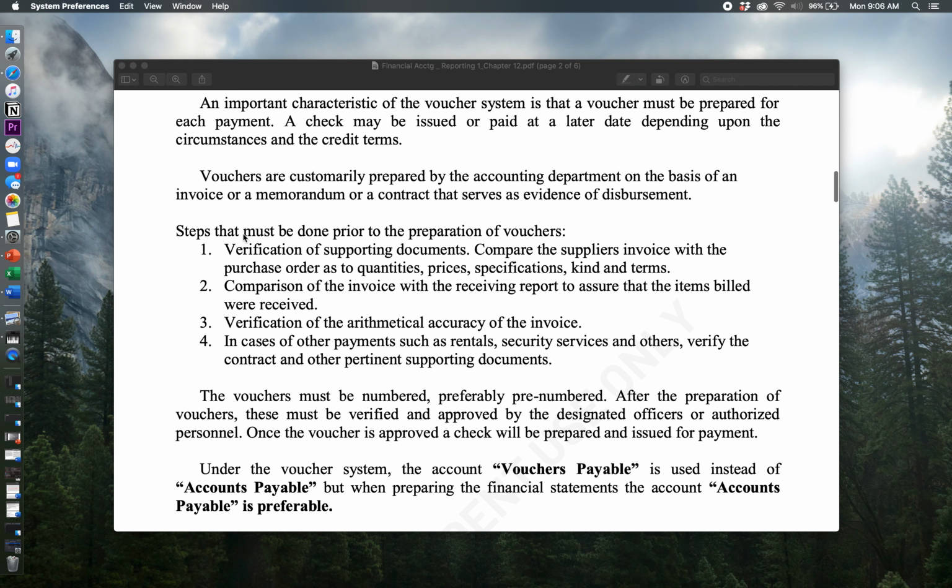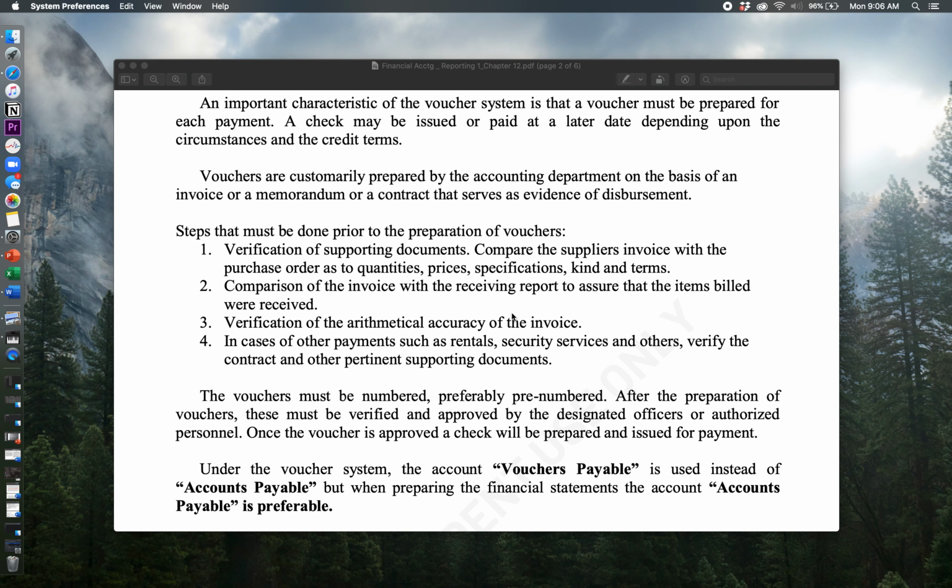Okay. Ang importante dyan guys, you know also yung steps. No? Ano yung mga steps? Siyempre, verify mo yung documents. Compare mo doon sa, kung may bayaran kita sa supplier, compare mo dito sa resibo sa supplier or invoice. No? After you verify, you compare the invoice with the receiving report.